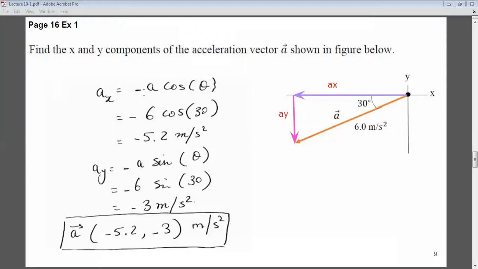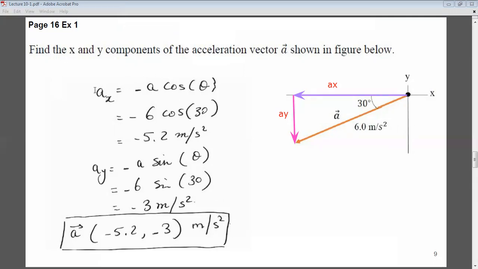So AX is A cosine theta, but because it's in the negative x-axis, it's minus. AY is A sine theta, but because it's in the negative direction, it is minus. So I get acceleration vector is minus 5.2, minus 3 meter per second squared. This is acceleration, so meter per second squared is the unit.